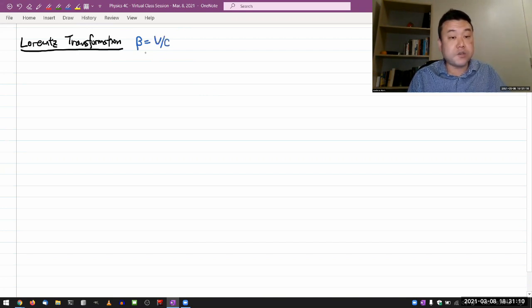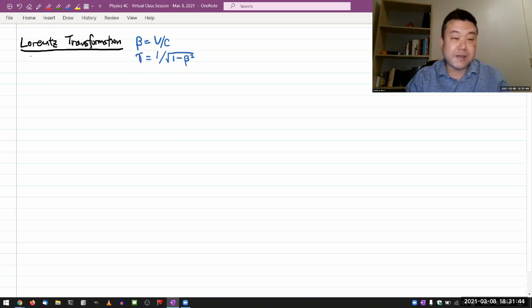So beta is a unitless quantity, and it's useful because it makes some of the formulas simpler. In fact, the very first formula it simplifies is the Lorentz factor gamma, which you saw last week. Gamma, in terms of beta, can be written as 1 over the square root of 1 minus beta squared. And the value of gamma is that it also simplifies some of the formulas.